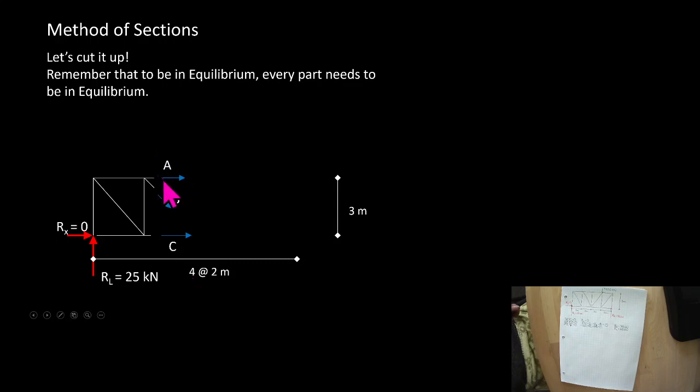If I solve for A or B or C and I get a negative number, it tells me that I drew my arrow wrong. So it's going to be very important that we track whether our things are in tension or compression as we solve for them.